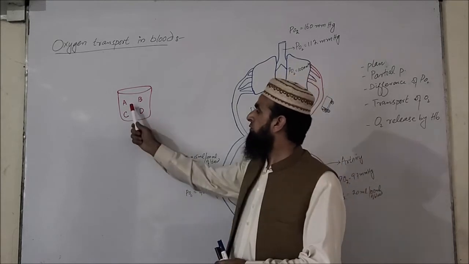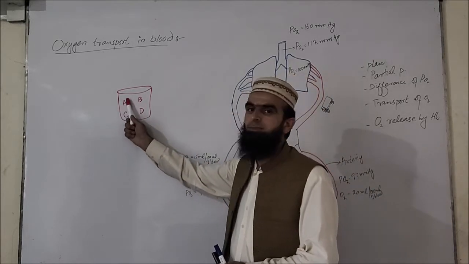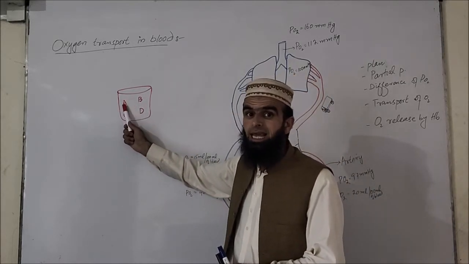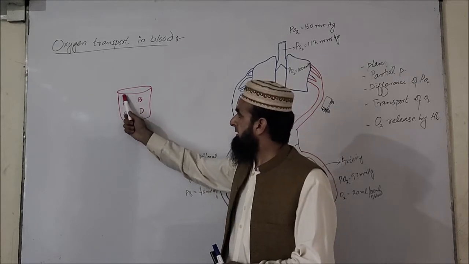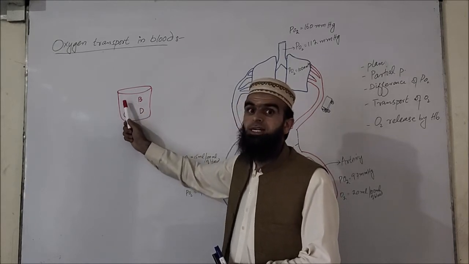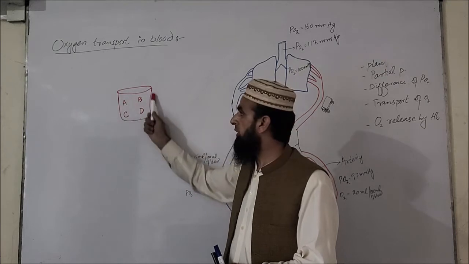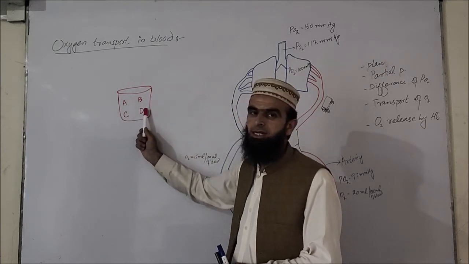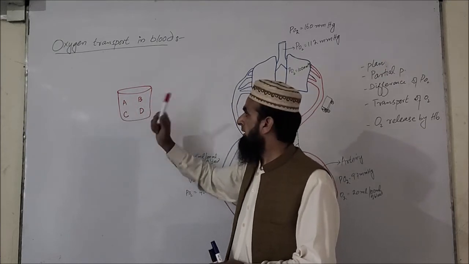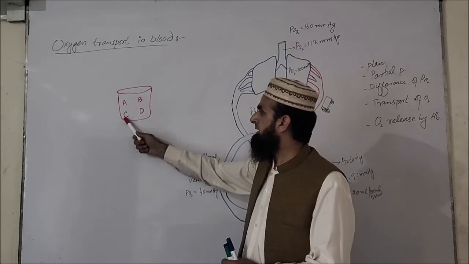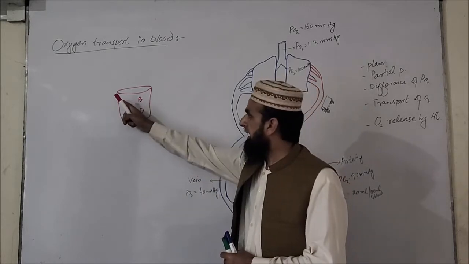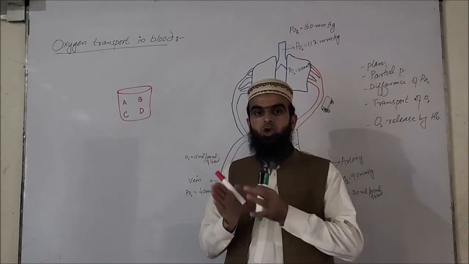But if we talk about one of these gas molecules, say gas A, the pressure exerted by gas A is its partial pressure out of the total pressure being exerted by the gas molecules. Similar is the case with B, C and D.